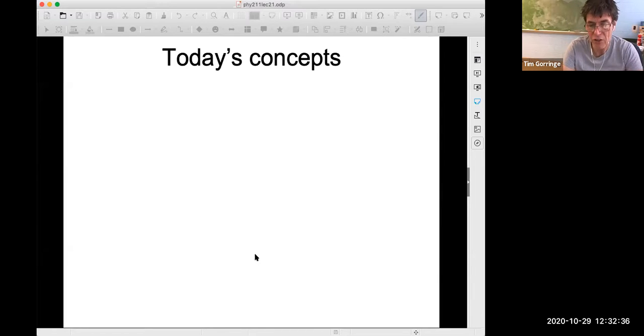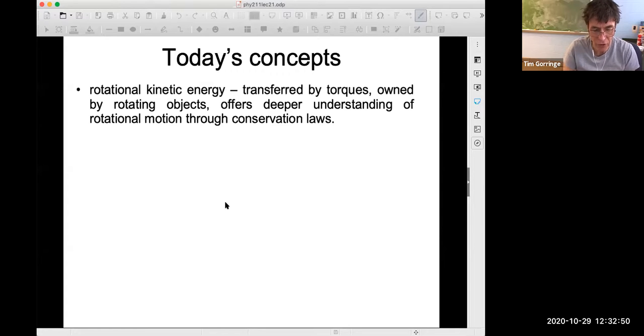Let me just introduce in words the most basic concepts, the most basic ideas that are the foundation of today's class. So the first one is the idea of rotational kinetic energy. It's the idea that when something is rotating, it possesses rotational kinetic energy by virtue of its rotational motion. Rotational kinetic energy, we'll find out, is transferred to and from an object by torques.